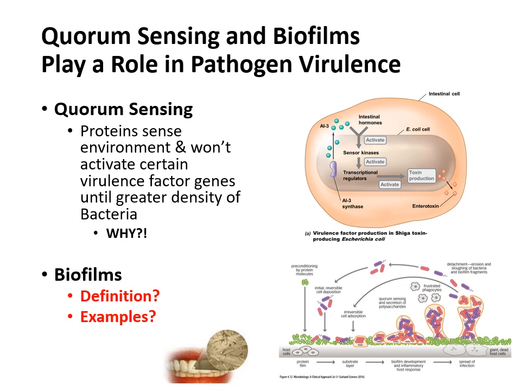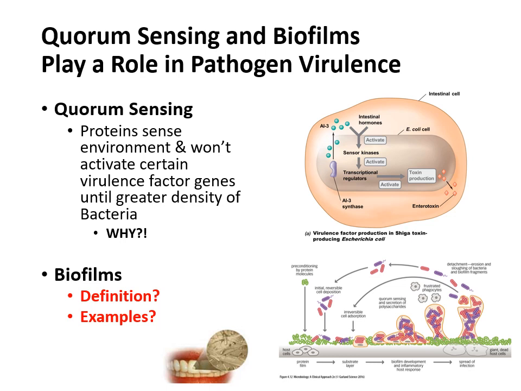Okay, both of these play a role in pathogen virulence, being that quorum sensing, if you picture this, is proteins basically will not be activated and released unless the bacteria assesses the population around it and determines, hey, I have a lot of my buddies around, so now let me activate these genes and produce these proteins and these virulence factors.